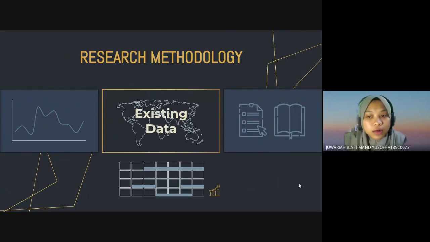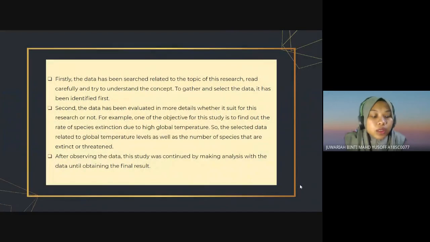Existing data has been applied in this research methodology. In this methodology, we will find data about global temperature and the effect on flora and fauna. Firstly, the data has been searched related to the topic of this research and selected, and it has been identified first.